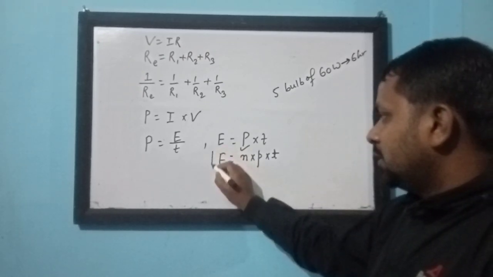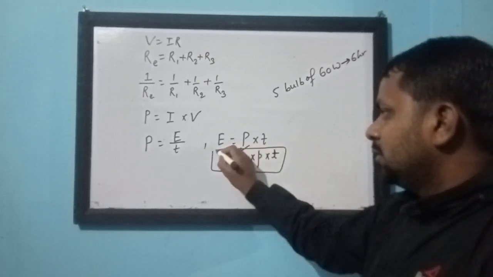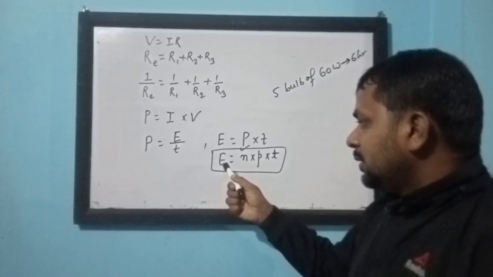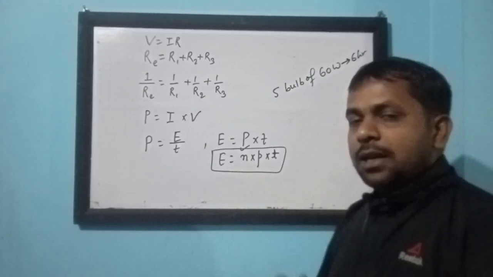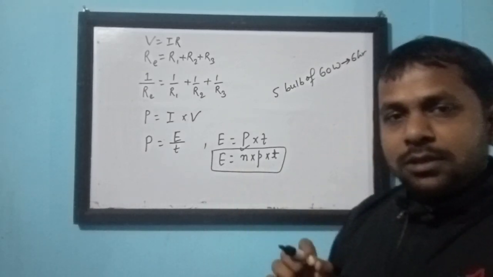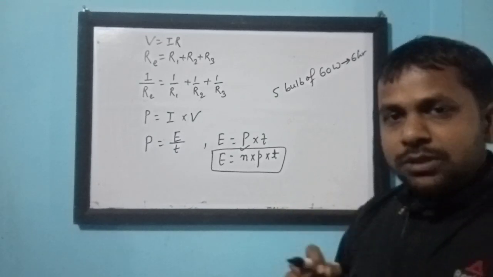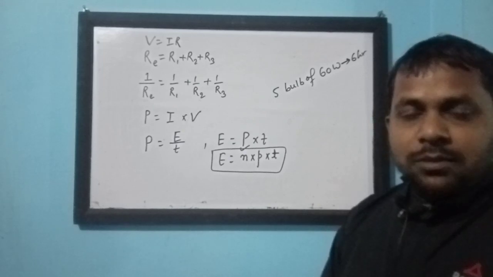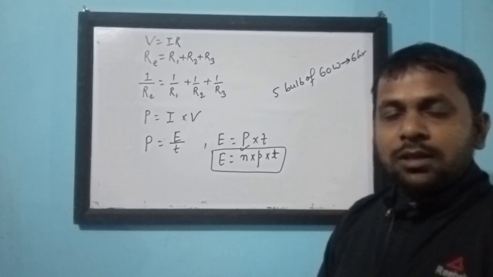So our one formula is this to calculate the electrical energy consumed, and through this formula we can find out the electrical cost of our domestic appliances that we are using for 1 month or for 1 day.